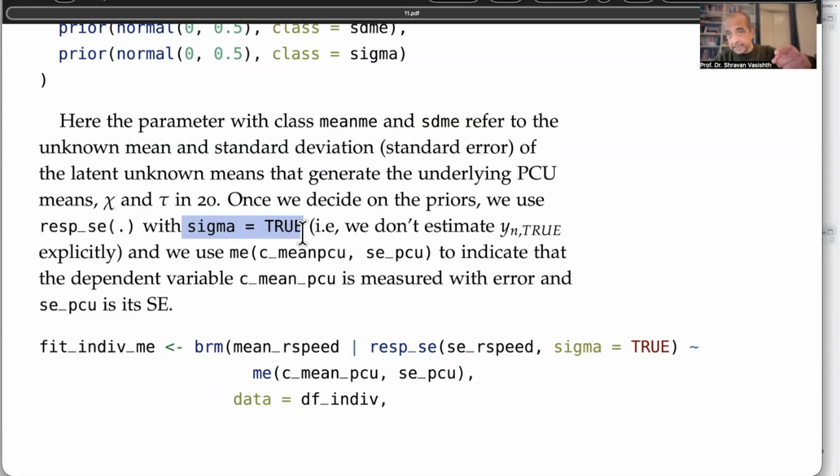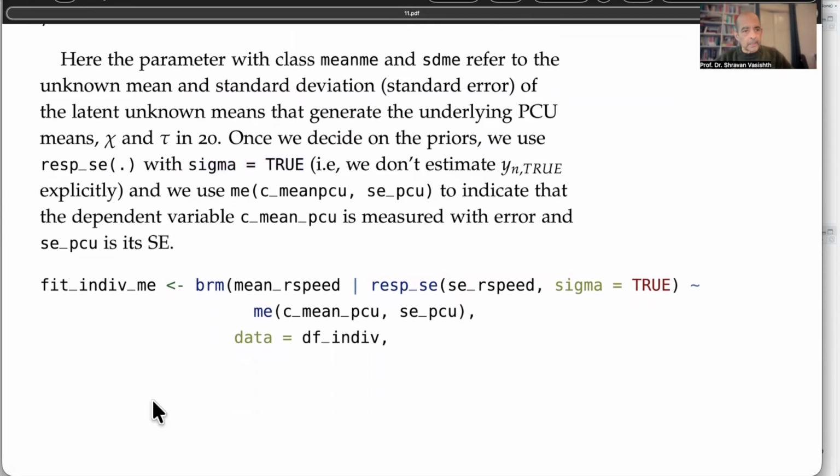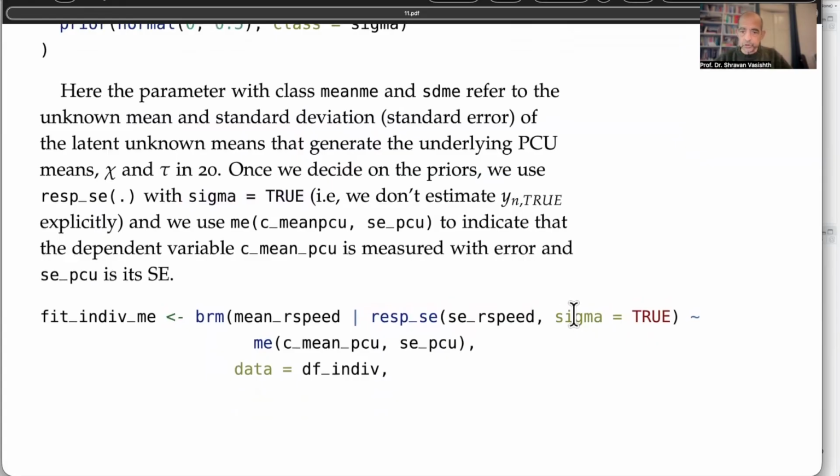Similarly, in this case, the equivalent of the zeta n's is the y true and the x true parameters that represent the unknown latent true values of the dependent and the independent variables. Okay, so we're going to set sigma equal to true, so we won't ever be modeling the y true and the x true.